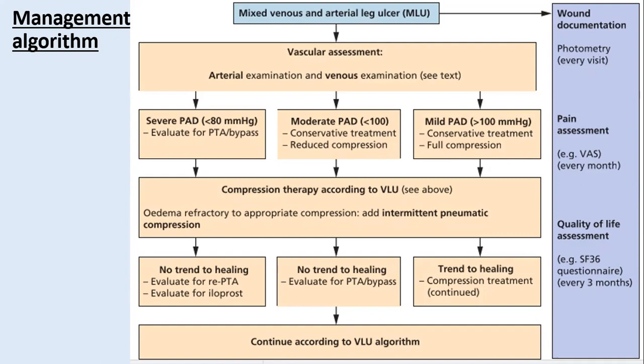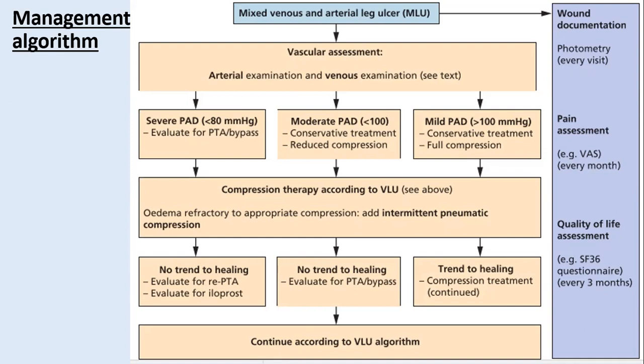In case of moderate peripheral arterial disease with ankle pressure less than 100 mm of mercury, then conservative treatment is resorted with reduced compression. Then in case of severe peripheral arterial disease with pressure less than 80 mm of mercury systolic, the patient should be evaluated for percutaneous transluminal angioplasty. The compression therapy is according to venous leg ulcers.